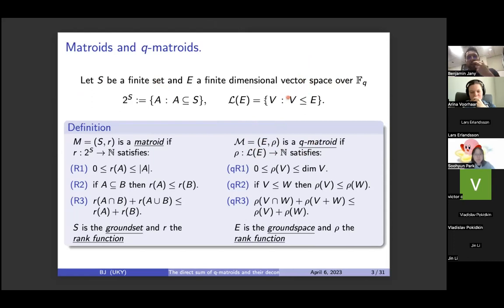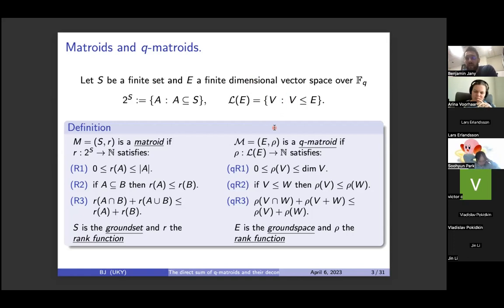And really no one has looked into q-matroids for, for example, field extensions of the reals or complex numbers or something like that. Yeah, most of the recent papers that have come out restricted q-matroids to be over finite fields.